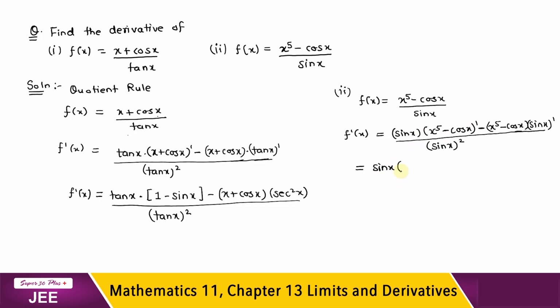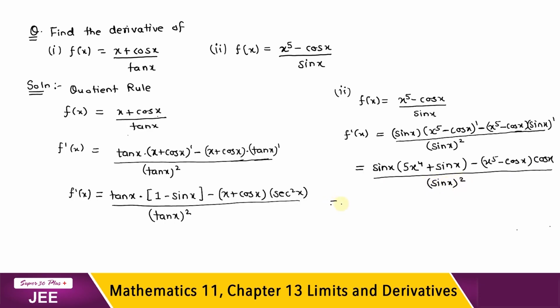So this will be the derivative of x raised to the power 5, which is 5 times x raised to the power 4, minus the derivative of cos x, which is minus sin x, so this becomes plus sin x, minus x raised to the power 5 minus cos x multiplied by the derivative of sin x, which is cos x, and this is whole divided by sin x square.